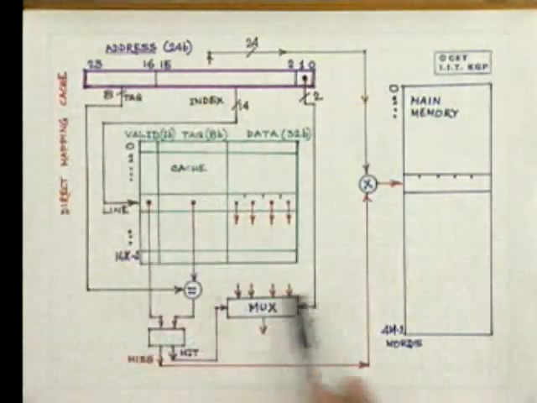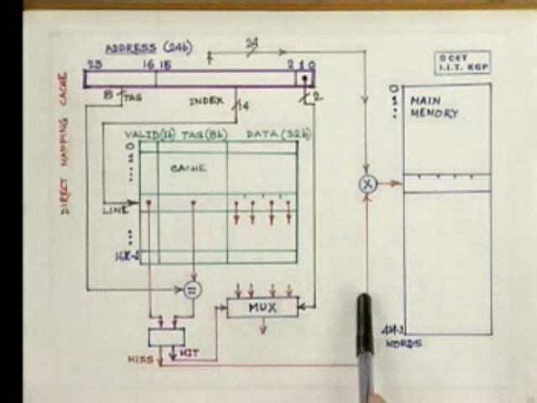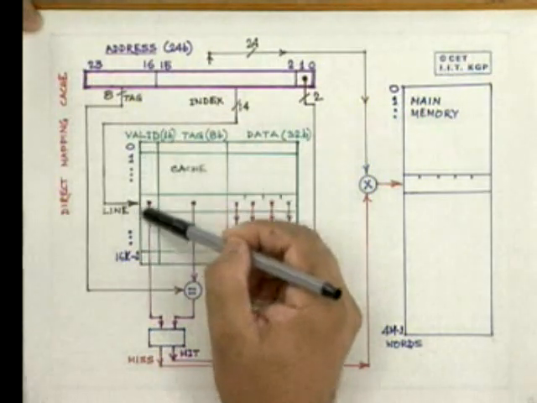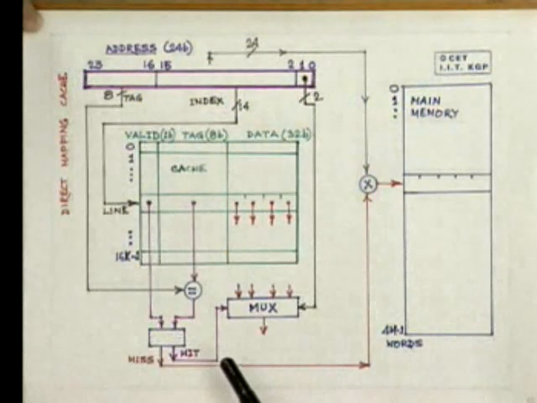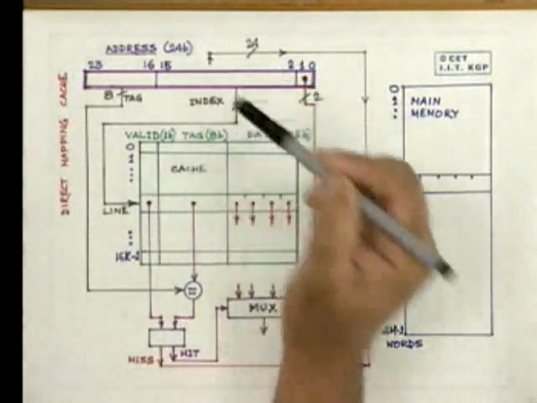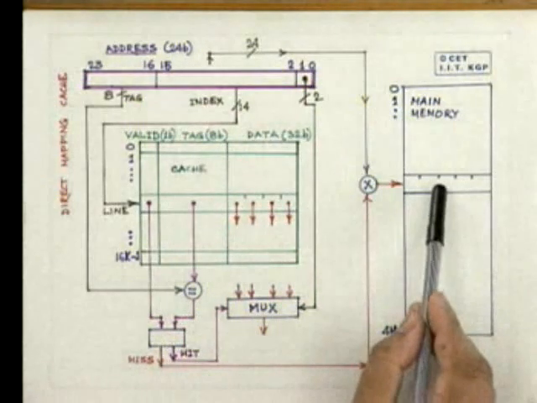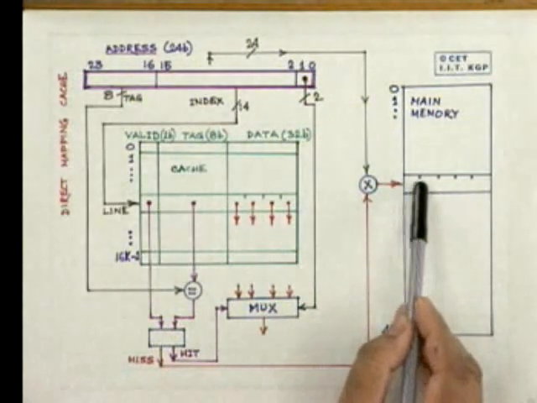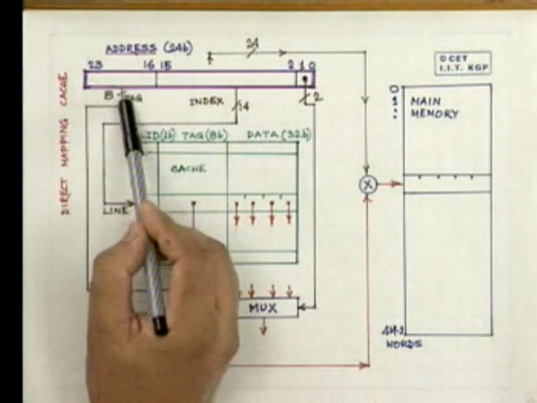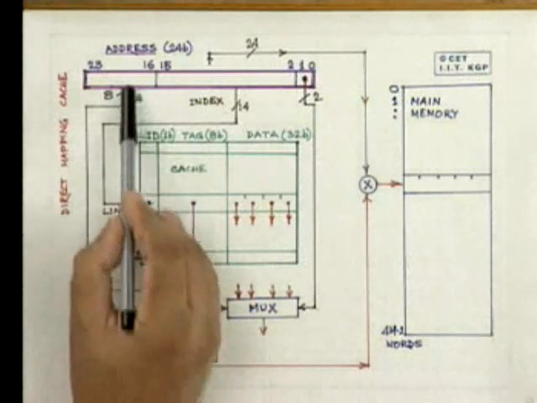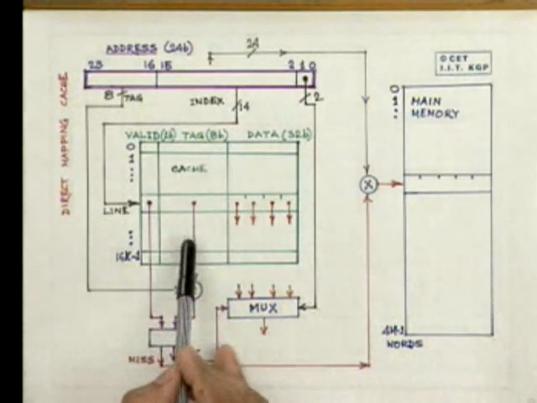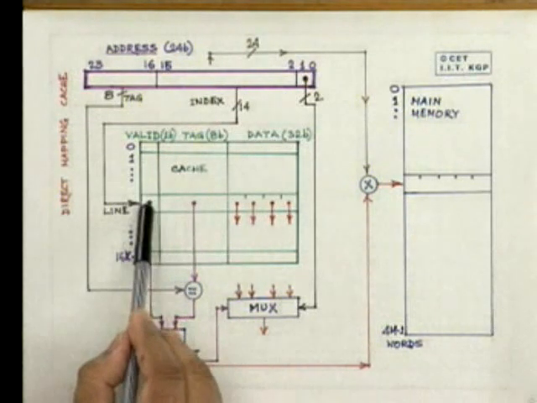Now let us see how the entire thing goes. To start with, the cache naturally contains garbage. All the valid bits are set to 0. And say an address is thrown by the CPU. The corresponding block is taken from the main memory and loaded into the cache memory. The corresponding tag field is taken and loaded into the tag field of the cache memory, and the valid bit is made 1.